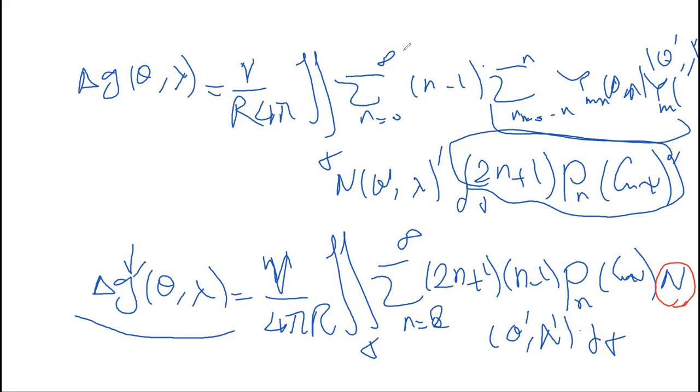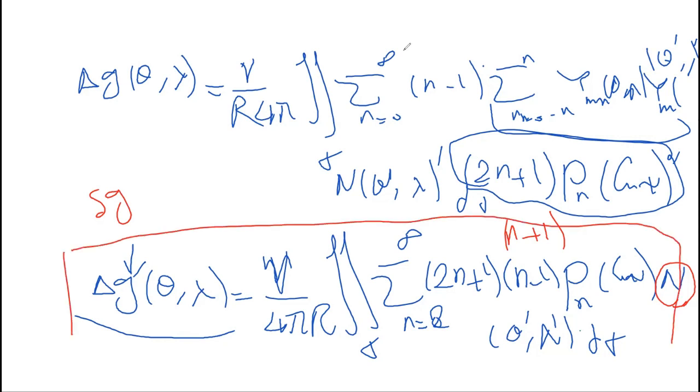And it should not be difficult to show that if you put n plus 1 here, you will get the gravity disturbance. I will leave this part to you. So we have another integral formula for determining gravity anomaly from the geoid height.